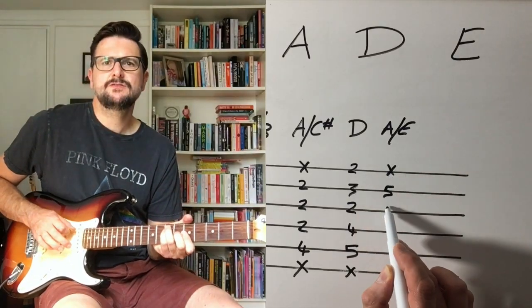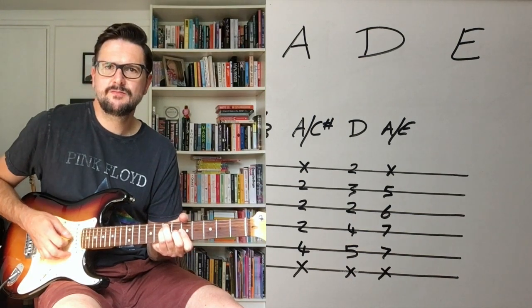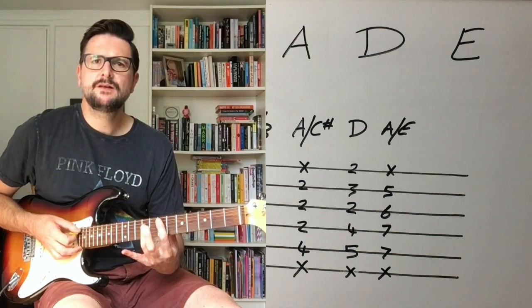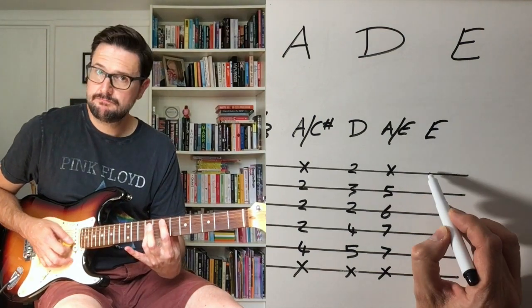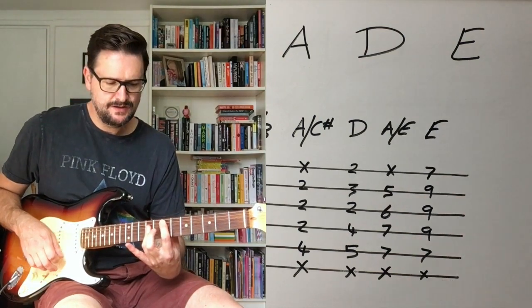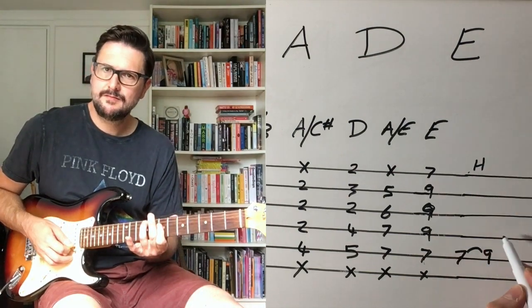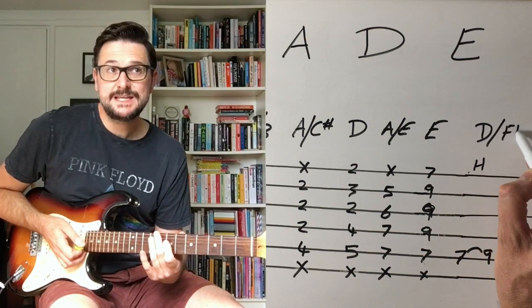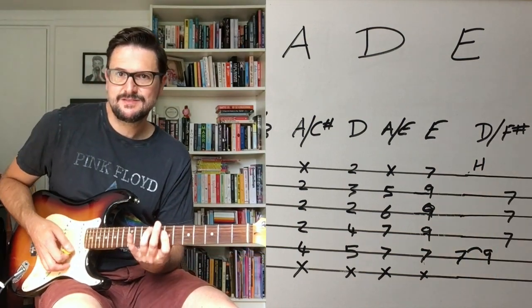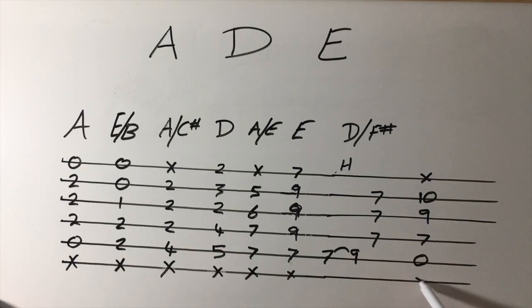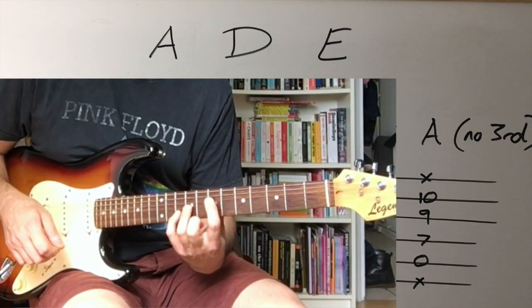So E on fret 7 of the 5th string, that's my bass note. And then an A-shaped E on fret 7. Then a D first inversion, F sharp in the bass there, and then to a D-shaped A to resolve.